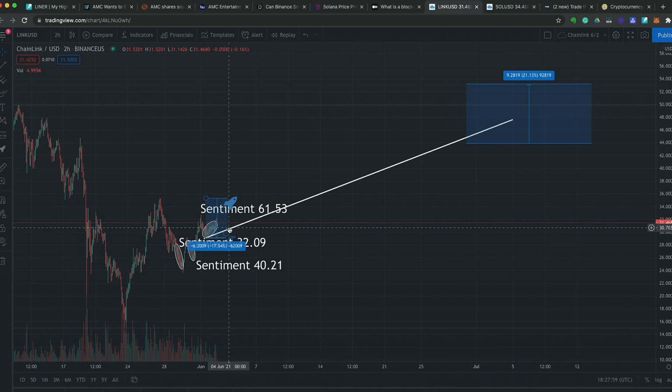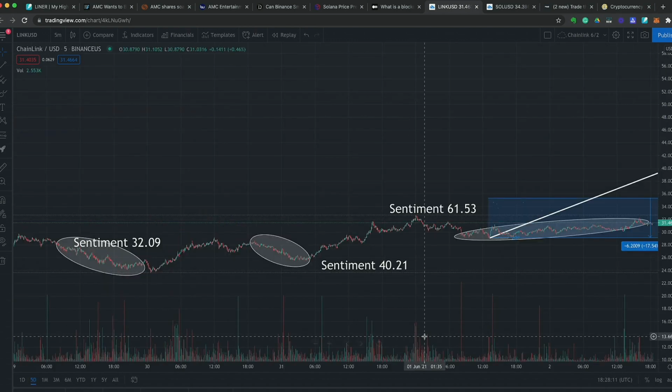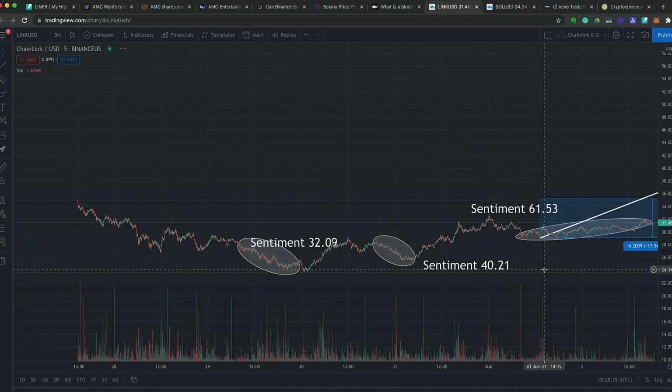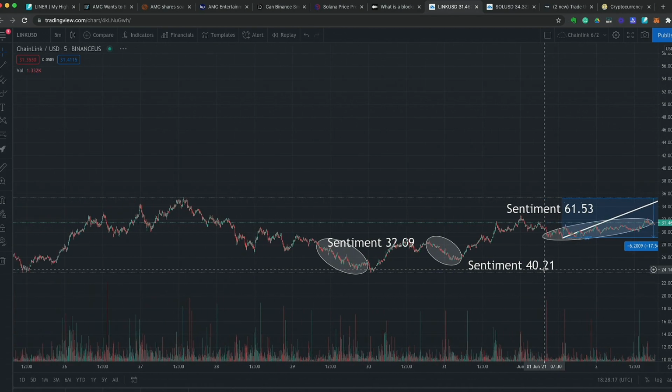So as we start to see these sentiments all lift, which went from a 32, a 40 to a 61, and we're seeing movement in the space, this is where I think we have a big opportunity to see Chainlink take its next jump close to back to its $50 price target. So if you're looking at one of these altcoins, these are the kind of scenarios that we are diving into on a deeper level.